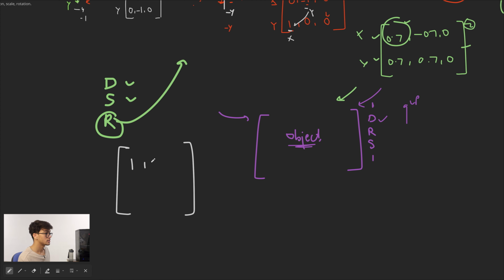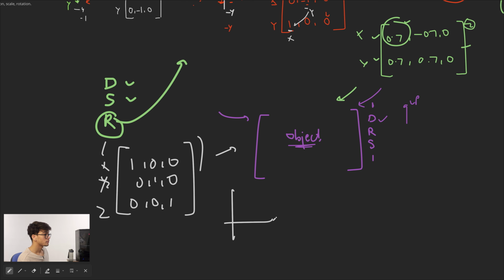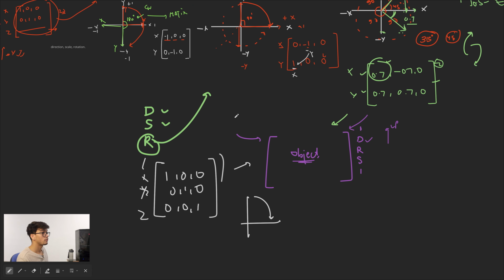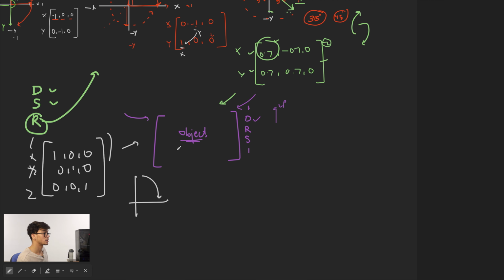Wait a second. This is the world data. This is the world matrix and this is the object matrix, and it is happening according to this. So if you move here and here, you're moving in perspective to the world data. So that's why we have world as the base of everything here.